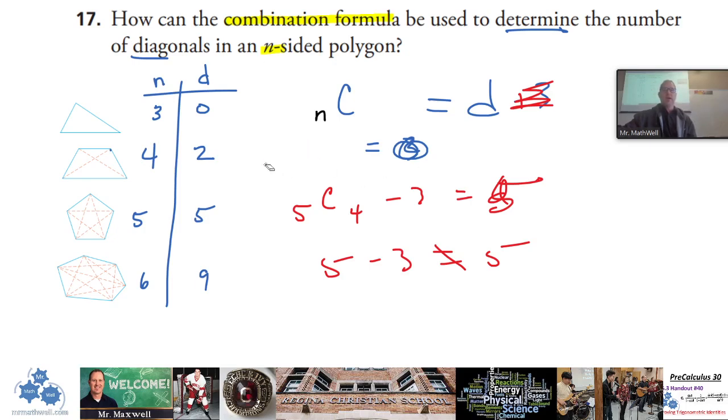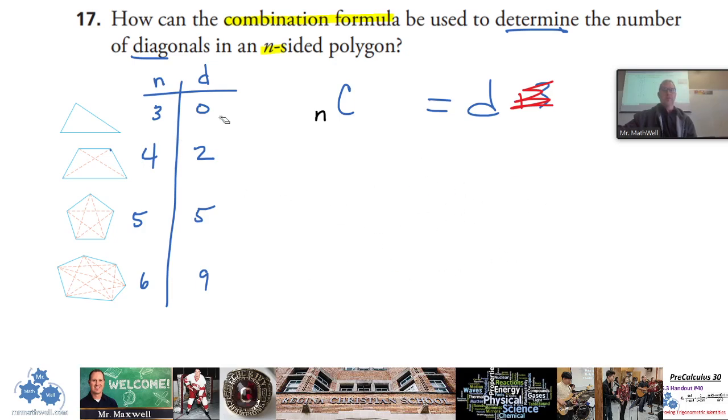So just trial and error and see what works, and you may have to try a few things. If you choose 2, that kind of worked, and we subtracted 3, but that wasn't really any good. If we subtracted n instead, then it works, because 3 choose 2 minus 3 is 0. Let's see if that works for 4 choose 2 minus 4.